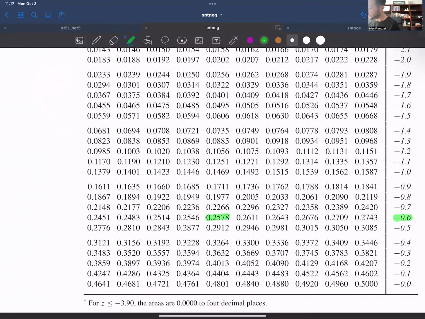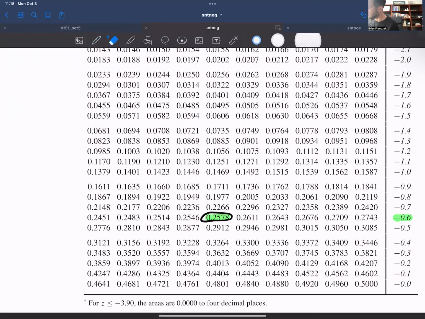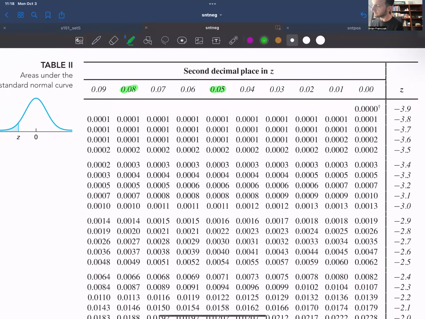So that's 0.2578. And then we go back to our table, and now we're going to look up negative 0.08. Here's negative 0.0. This column represents the 0.8.